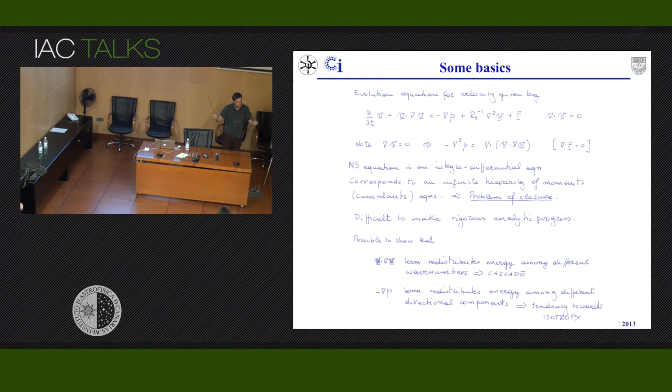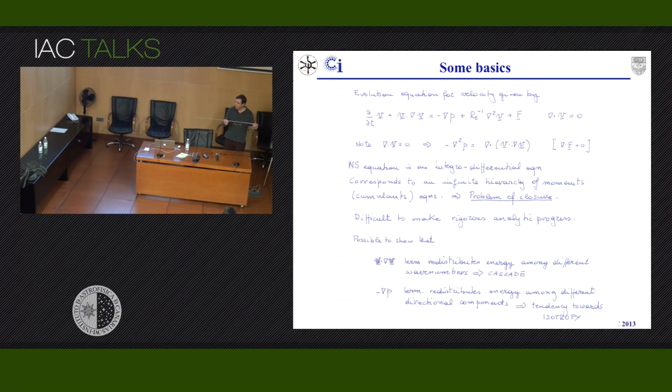Okay? There's also this term here, which of course looks linear, but it's not, because this is the inverse Laplacian of this mess, of the divergence of that. And you can show very easily that that term does not redistribute anything amongst wave numbers. So big things remain big and little things remain little. But what it does is it spreads everything around amongst the directional components.